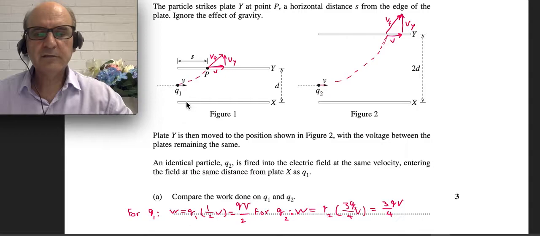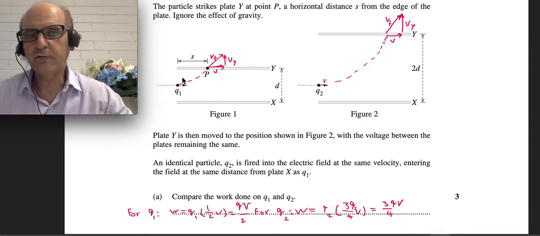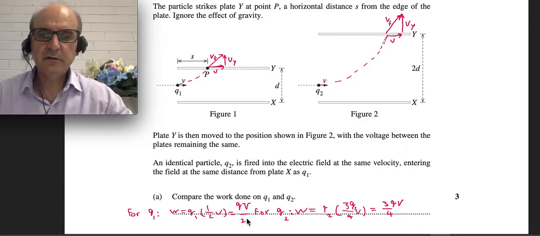The electric potential difference between X and Y is V, which changes in a linear way. So here we have half of that voltage as compared to here. So the voltage difference between this position and this position is V on 2, or half V. So work is the charge times V, and V is half of the capital voltage, so that gives us Q times V on 2.